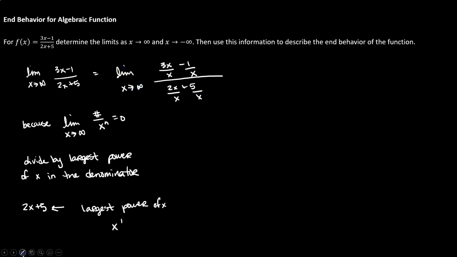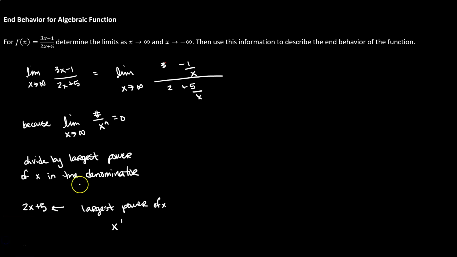Now some of those terms are going to reduce. There's x's in the numerators and the denominators. So 3x divided by x, those x's divide off, like they're gone. And then 2x over x, those x's divide off, like they're gone. So we really have 3 minus 1 over x, and the denominator would be 2 plus 5 over x.